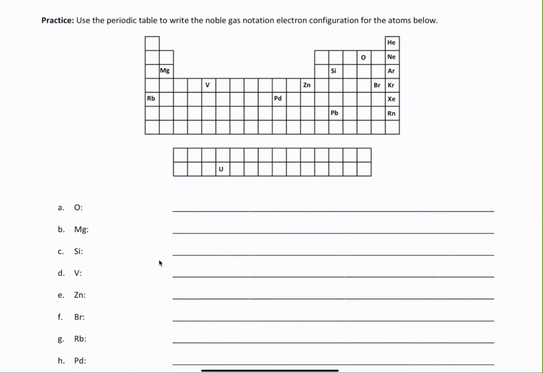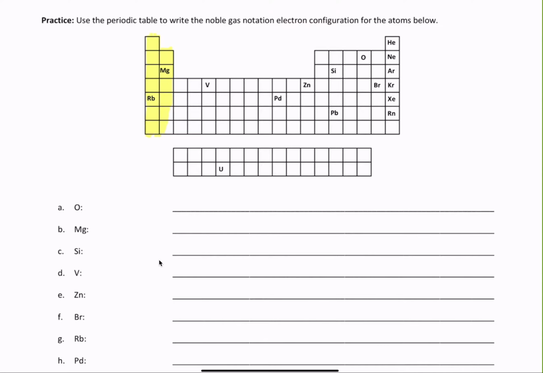So let's practice the use of the periodic table to write the noble gas notation electron configuration for the atoms below. We're going to start with oxygen. Before we do this, just wanted to remind you that we have here the first 2 columns.